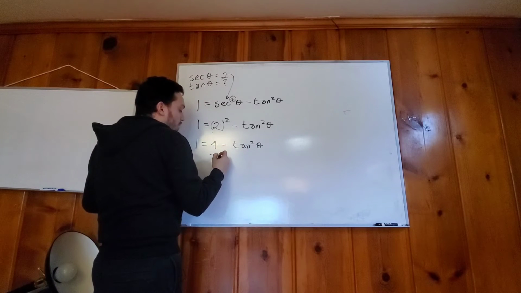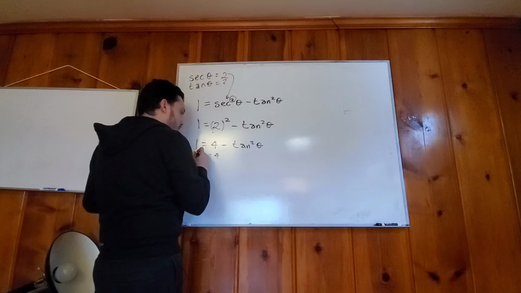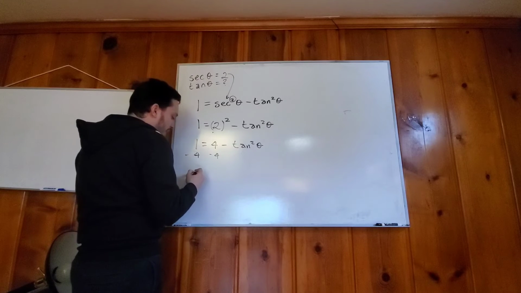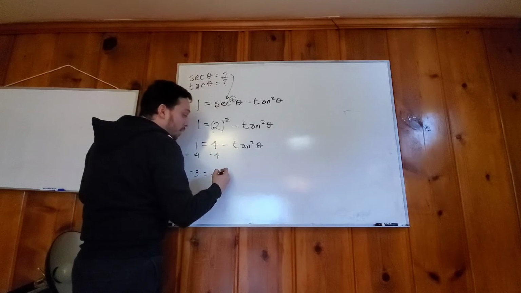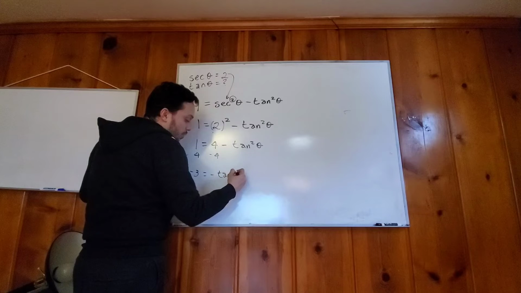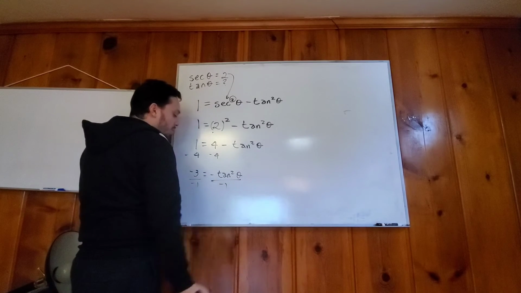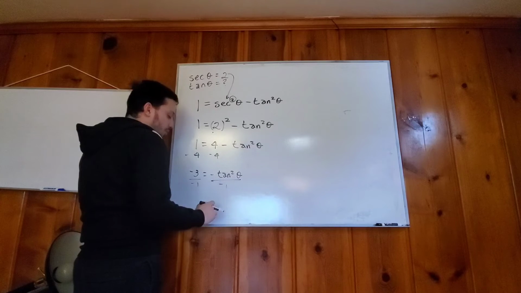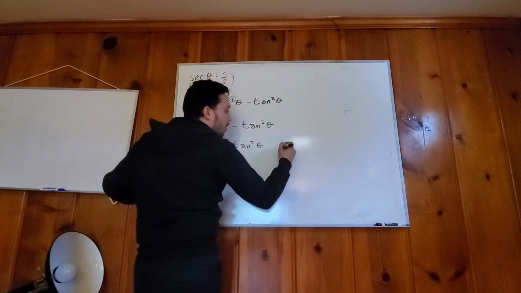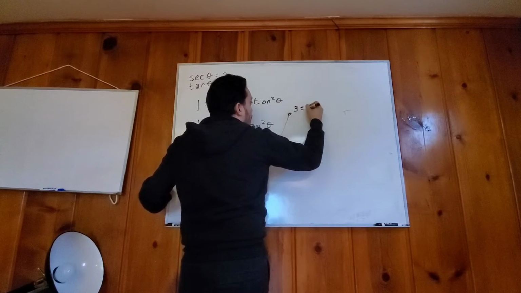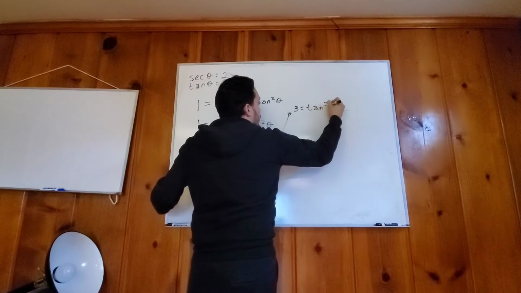And then you're going to subtract 4 on both sides, so this is going to become negative 3 equals negative tangent squared theta. But we don't want those negatives there, so let's divide the whole thing by negative 1 so that it becomes 3 equals tangent squared theta.